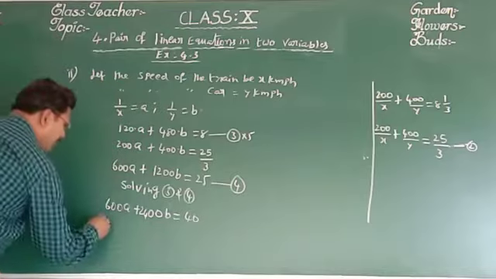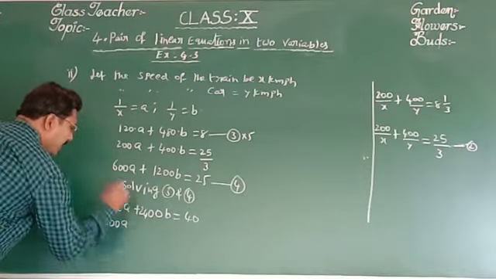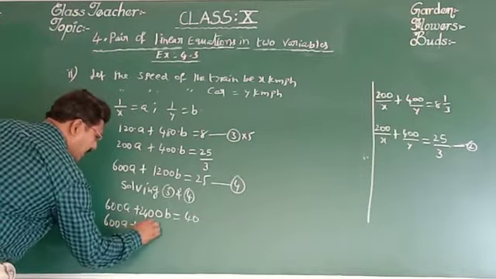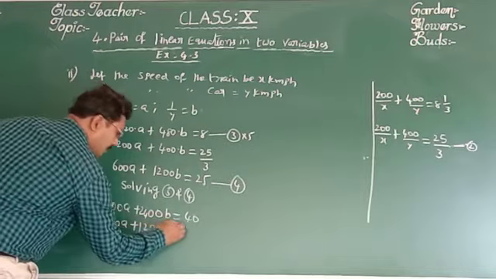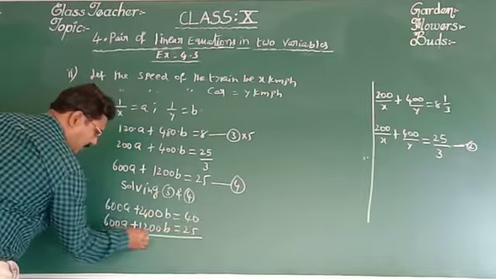Now equation 4, directly you write 600a plus 1200b is equal to 25.